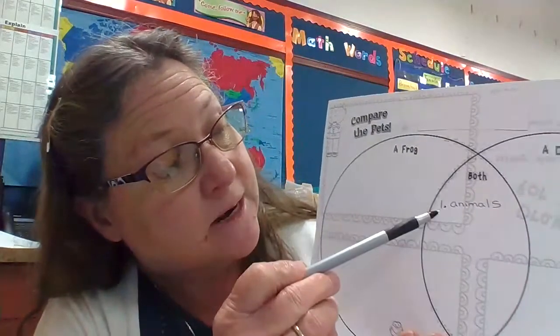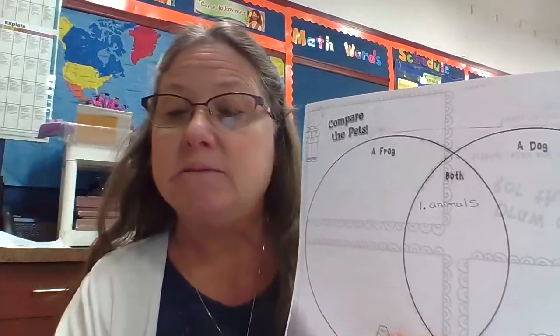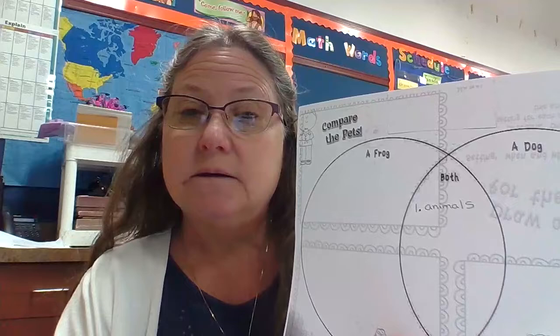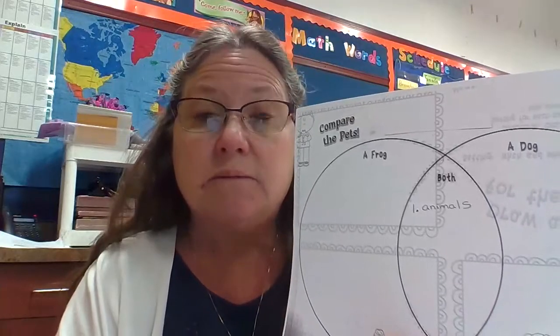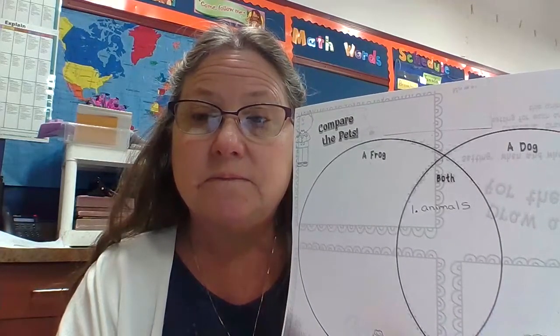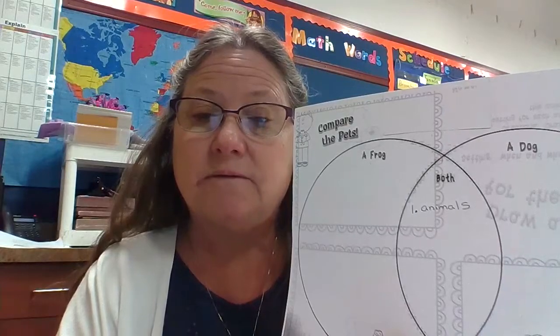And what I like to do is put that number 1, and then I put animals, okay? Because a frog and a dog are both animals. Well, can a frog and a dog do something that's alike?